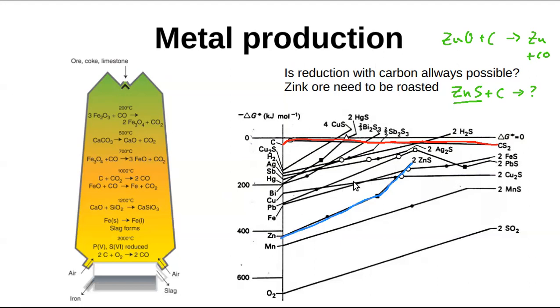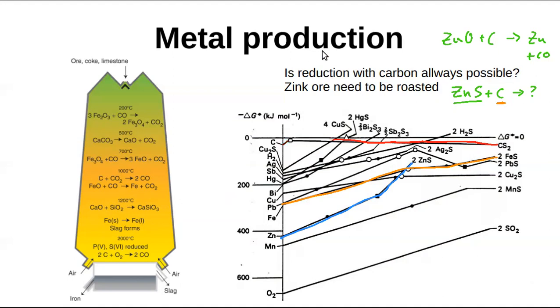Iron sulfide is an important iron ore. So in order to use iron sulfide or zinc sulfide for reducing with carbon, this is not possible because the carbon sulfide is less stable.